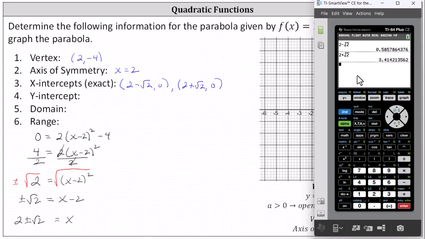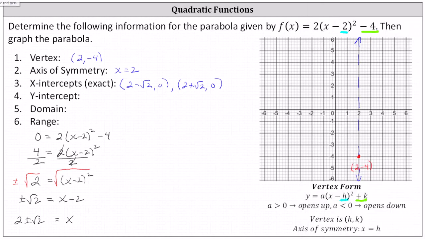The x-intercepts are approximately 0.59 and 3.41, which we'll say are approximately here and approximately here. Again, this x-intercept on the left would be 2 minus square root 2 comma 0, and this x-intercept would be 2 plus square root 2 comma 0. Notice they are symmetrical across the axis of symmetry.